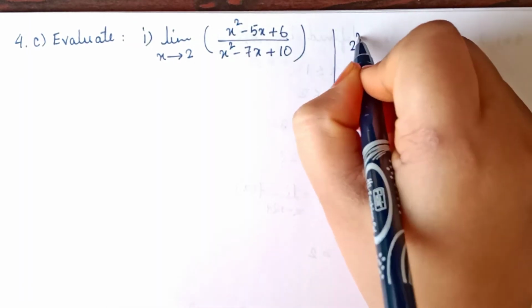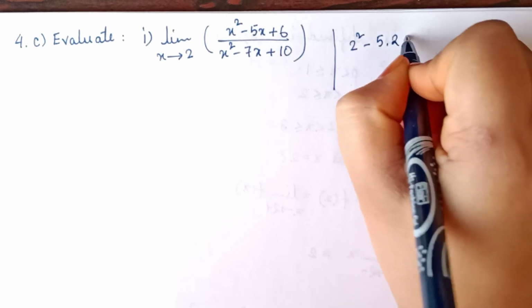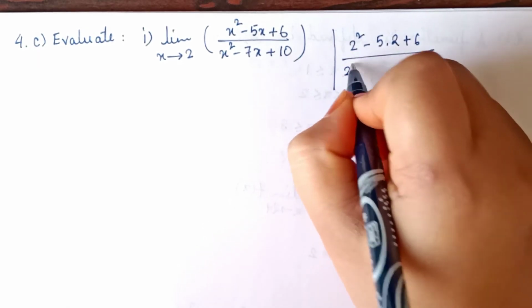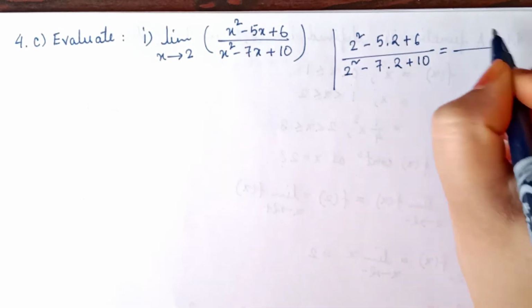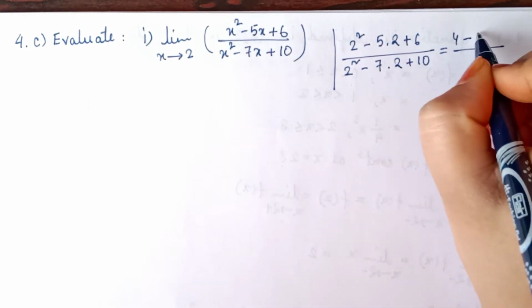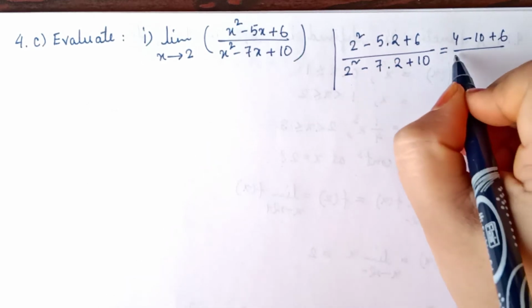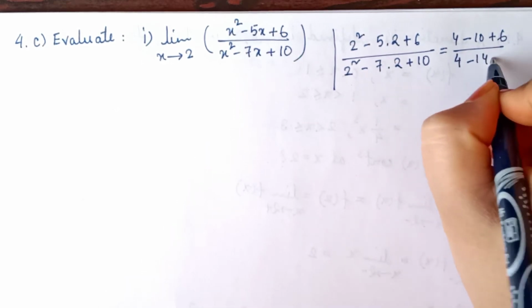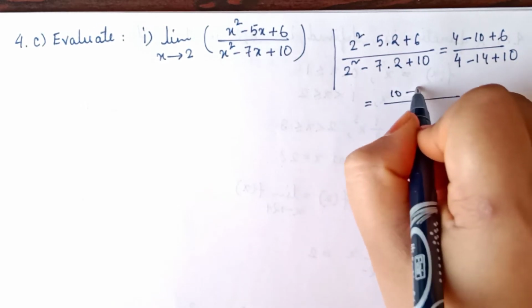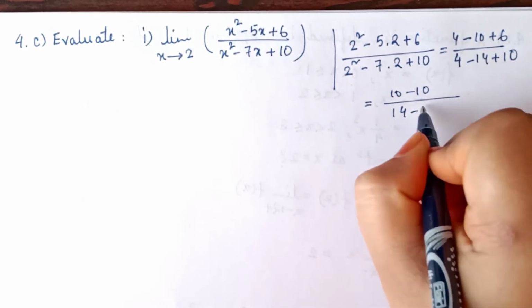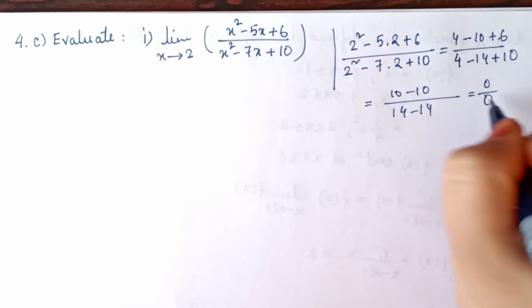So this is 2 square minus 5 into 2 plus 6 divided by 2 square minus 7 into 2 plus 10. That is 4 minus 10 plus 6, over 4 minus 14 plus 10. Then this is 10 minus 10, and this is 14 minus 14, which is 0 by 0.